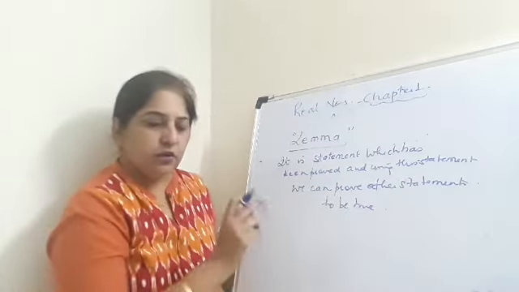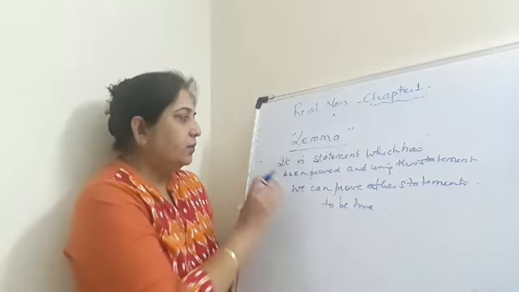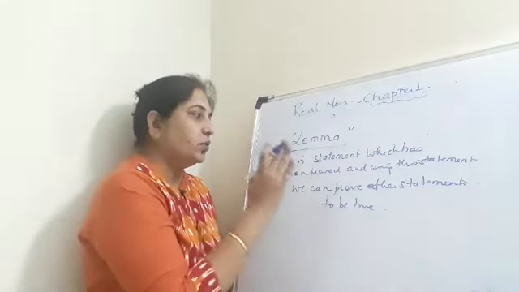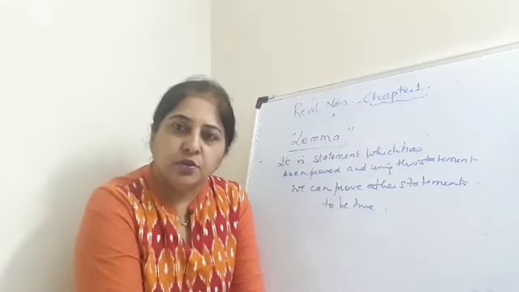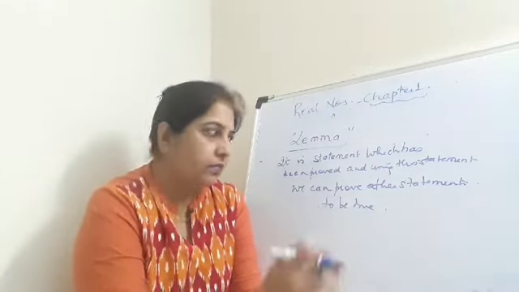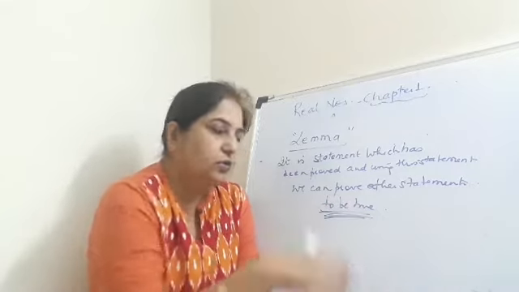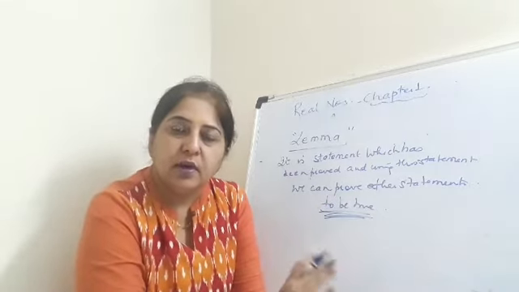I think it is given in your book also, you can just go through it. A lemma is a statement which has already been proved, and which will help us to prove another statement which holds true. So this is what a lemma is.